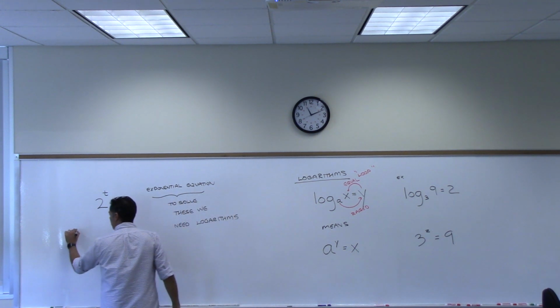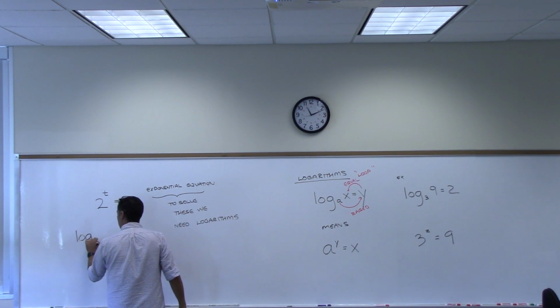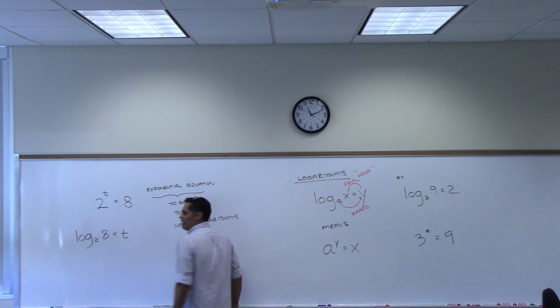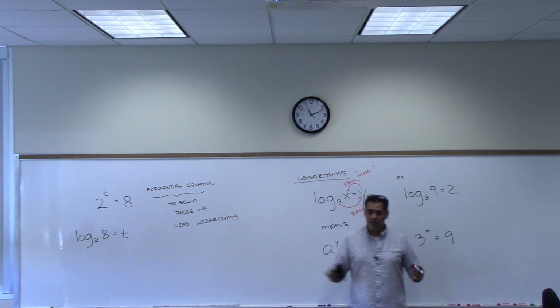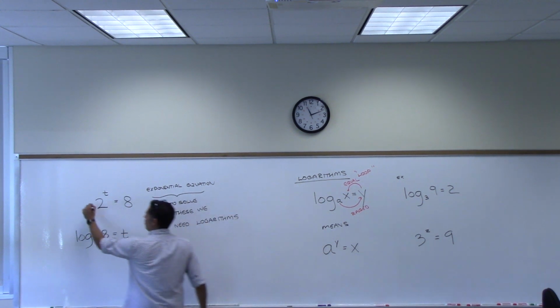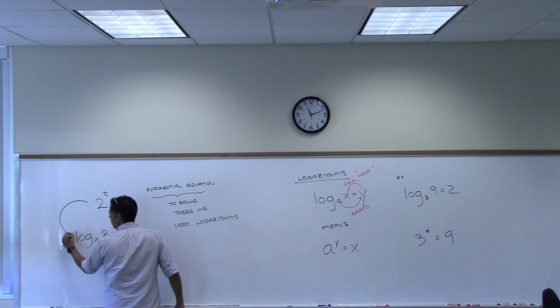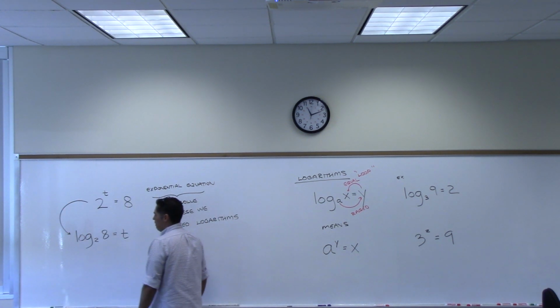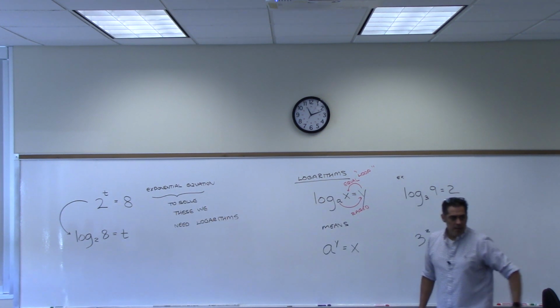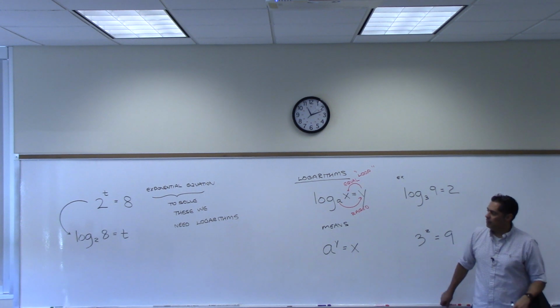So you go log, what's the subscript? 2, and then 8, and then equals t. Okay, all that is rewriting that in a different form. So this equation that we couldn't solve turns into this expression. Right? Any questions? It's just rewriting, right?